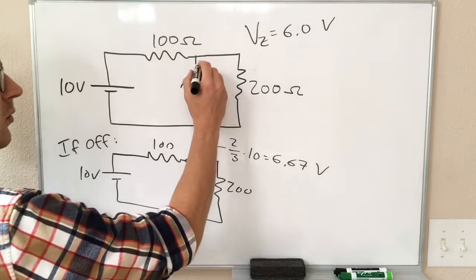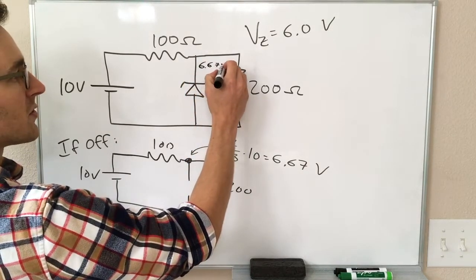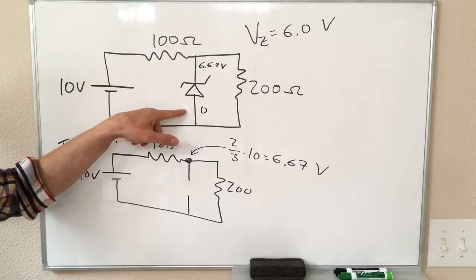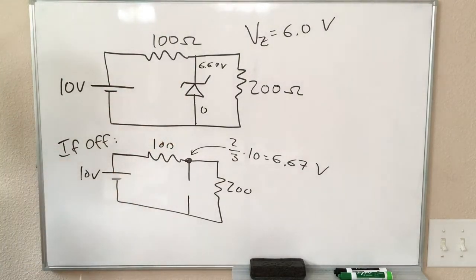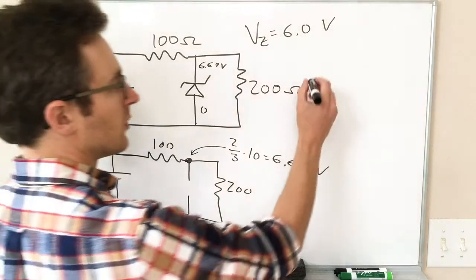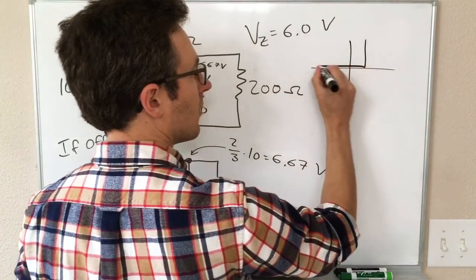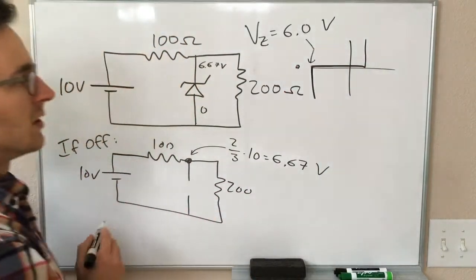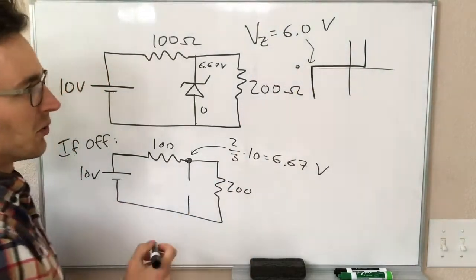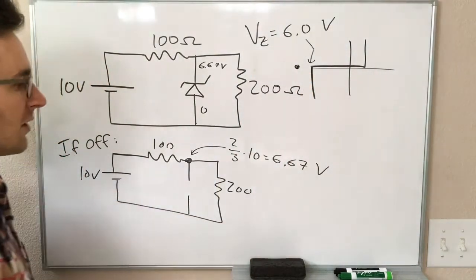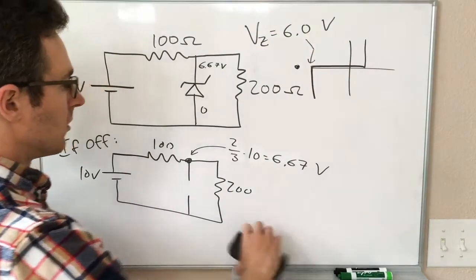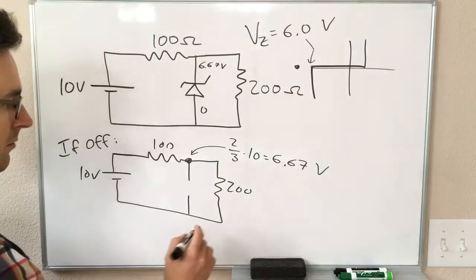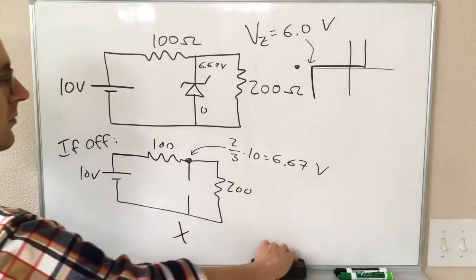Well, that would mean there was 6.67 volts here and 0 volts here, which means our diode is reverse biased with a voltage difference of 6.67 volts, which if we go to our graph really quickly, is somewhere over here, right? Because the Zener diode voltage is minus 6 volts. So we cannot have a voltage like that on our diode. So it is not consistent for the diode to be off, and this has to be wrong. It cannot be off.